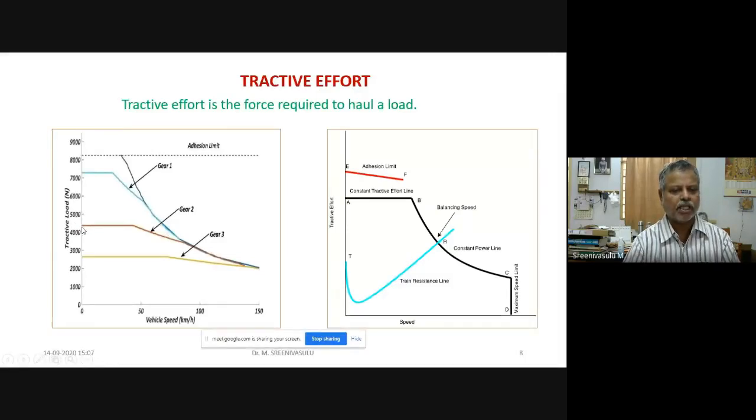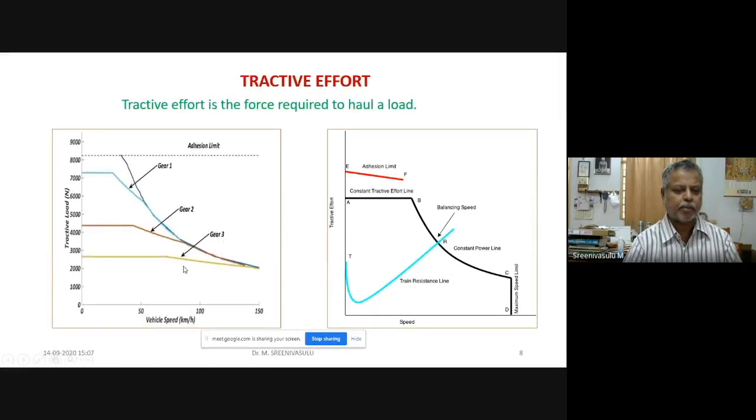For a particular vehicle, I don't know exactly the type of vehicle considered for this plot; I have gathered this information from some source on the net. Gear 2, if you want to use it in the beginning, is limited to 4,250 only, whereas in the beginning the vehicle demands 7,200 newtons, which is highly impossible with an engagement of gear 2. Now let us see the behavior of gear 3.